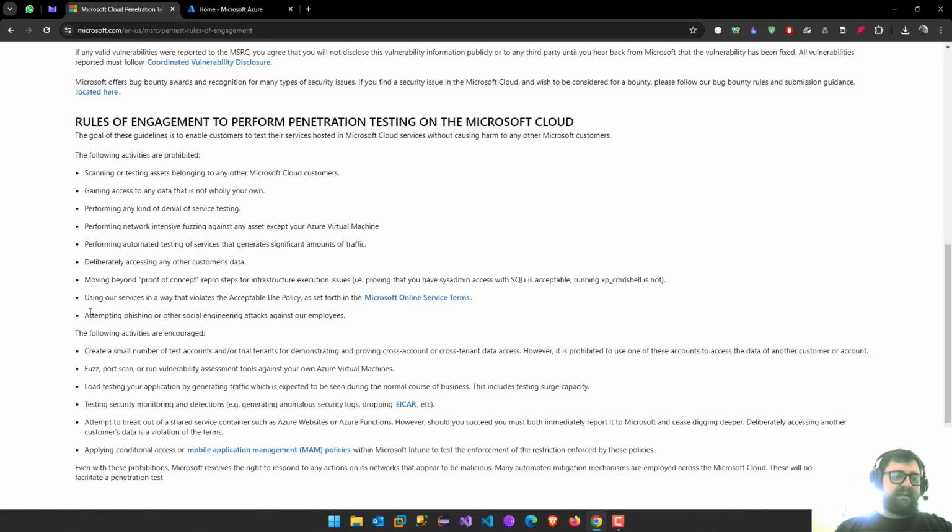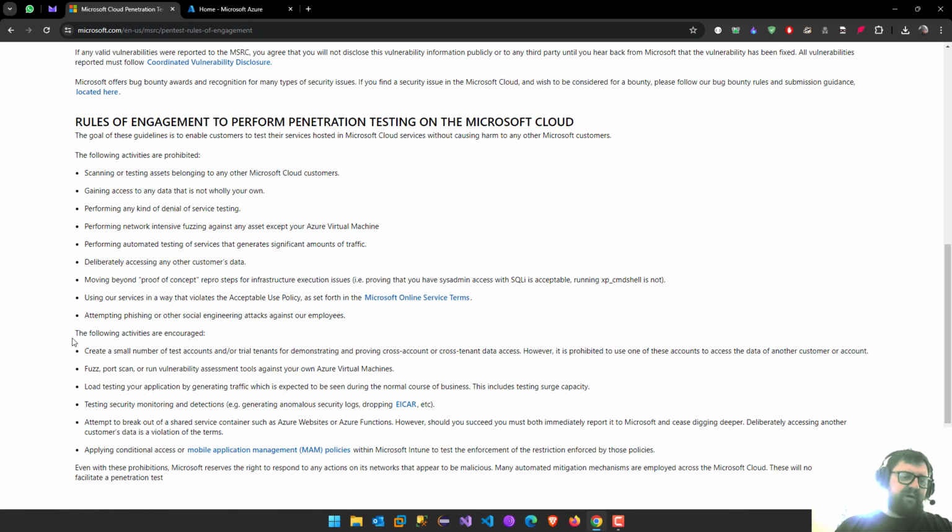Also, using virtual machines for DoS attacks, using bots, for example, is not accepted. Attempting phishing or other social engineering attacks against our employees. Unfortunately, there are a lot of idiots that try to hack, and sometimes, like last year or this year, even Microsoft was hacked or something like that.